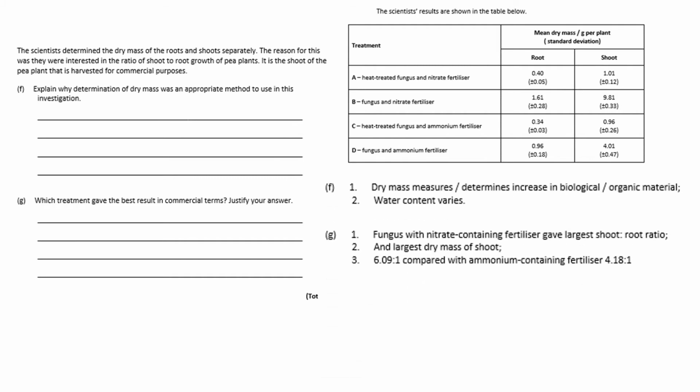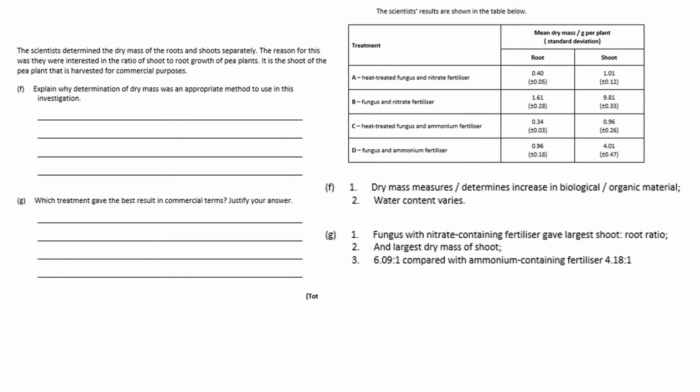We know that the dry mass will give you a measure of the organic material within a plant, but we have to use the dry mass and not the wet mass, because, as we've explained many times in the booklet, the water content within the plant material may vary. So if you dry the plant out, then you're removing that variability in mass produced by the water.